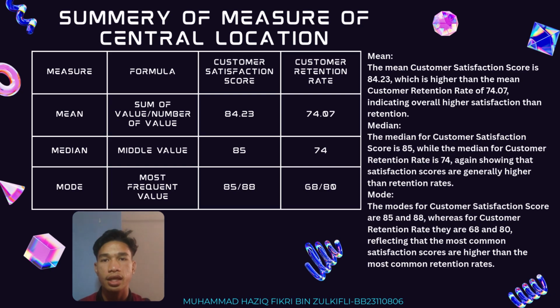This tells us that not only is the average satisfaction higher, but it is also more consistently higher, as indicated by the common repeating values. In conclusion, across all three measures, mean, median, and mode, customer satisfaction outperforms customer retention.